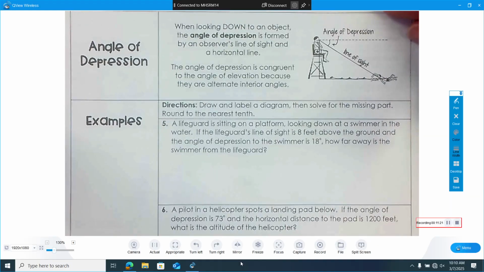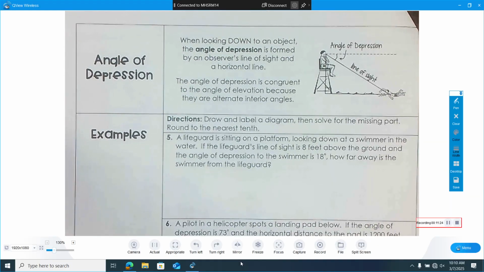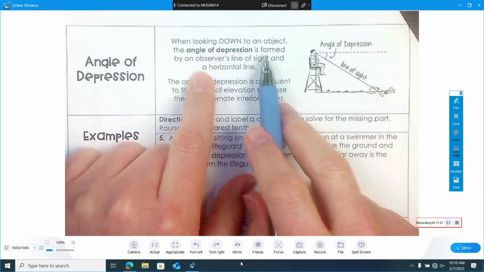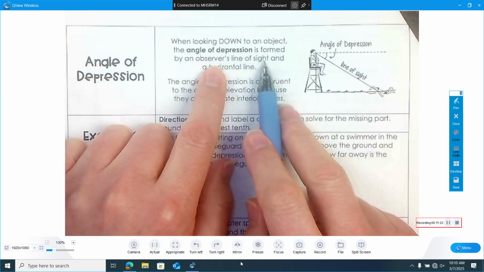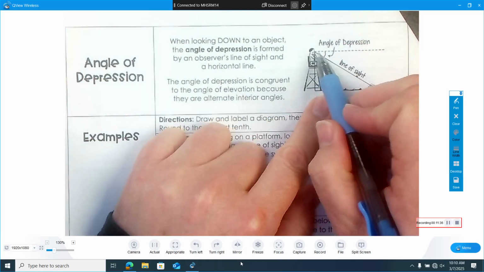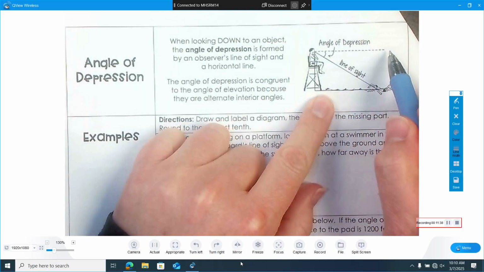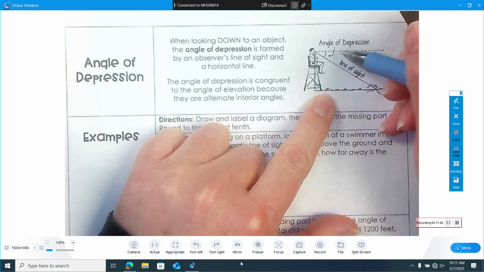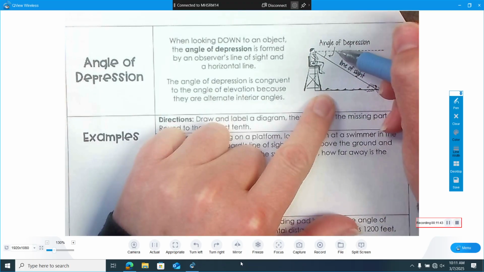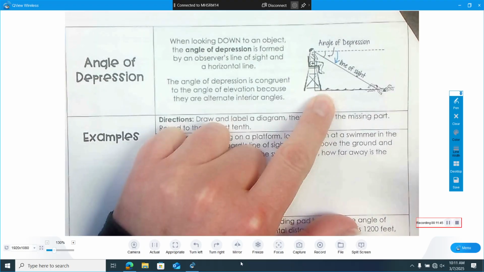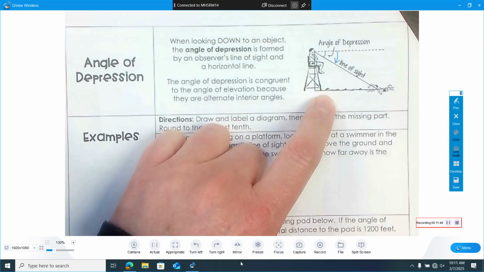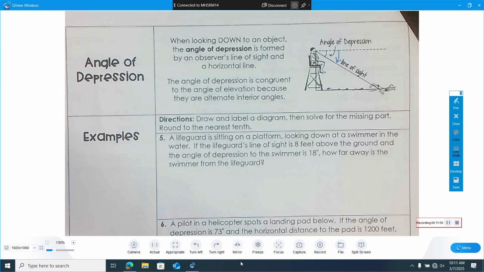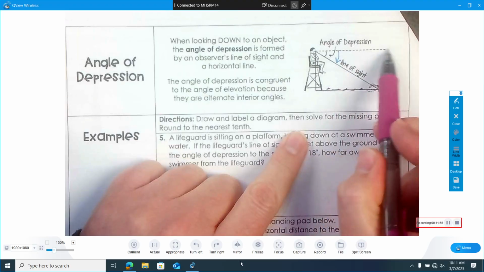All right. We won't do all of these, but angle of depression is formed by the observer's line of sight and a horizontal line. So again, you're looking out horizontally. If you have an angle of depression, that means from horizontal you have to look downward a certain number of degrees. Now, the really interesting part here is you have a horizontal line of sight.